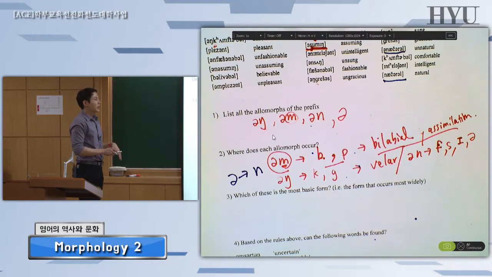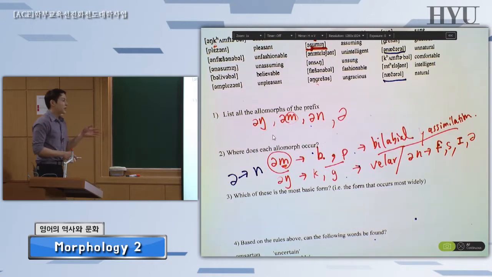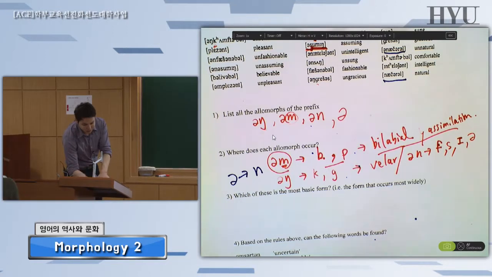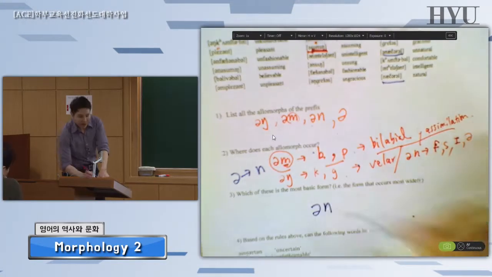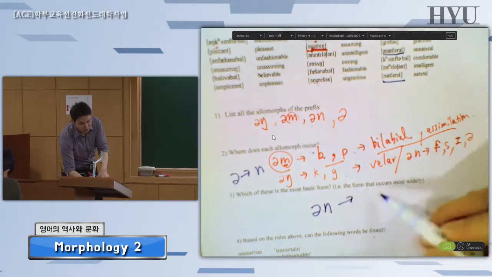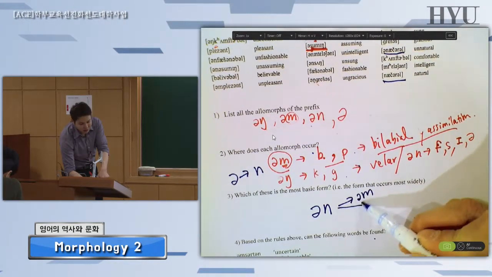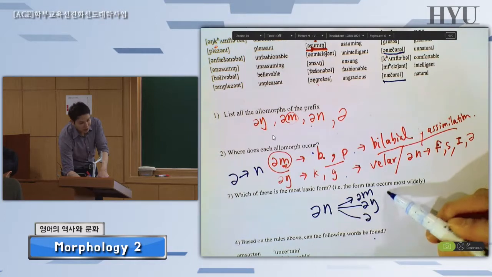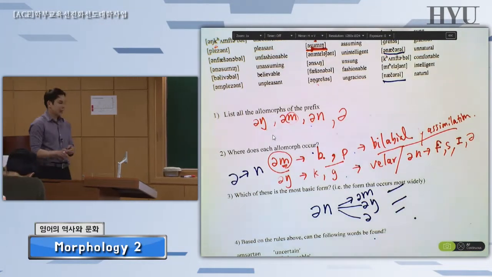And M, only two sounds, two bilabial sounds. N with a tail, only two velar sounds. So the schwa N seems to have the most basic form, and it seems to have the highest distribution. So we can say that the most basic form is schwa N. And then it will change to schwa M, or schwa N with a tail, or just schwa, depending on the sound after it, okay?